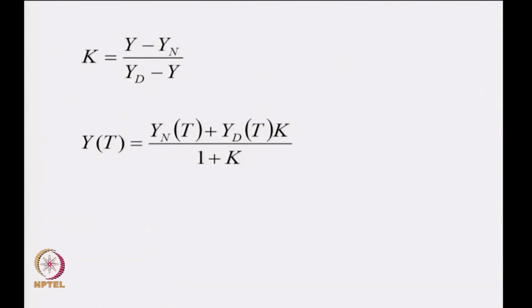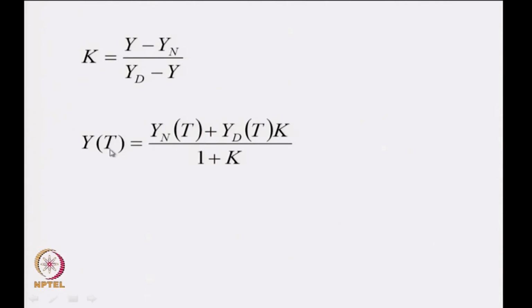K is equal to y minus y n by y d minus y, we just derived, and then remember we are doing this as a function of temperature, hence I can express y in terms of y n, y d and k simply. I am just rearranging this equation, no problem, right. And the only thing I have done is put in a temperature T. Why? Because I know I am doing a temperature dependent denaturation or unfolding or transition.